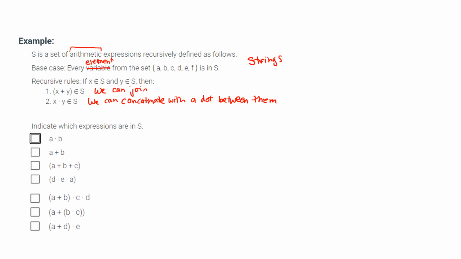We can join them together with a plus sign, but if we're going to do that, we have to slap parentheses around it. We have to wrap that in parentheses.